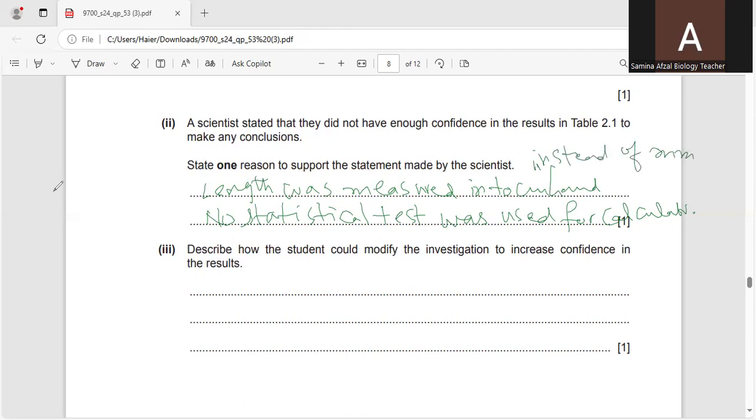So we measured in centimeter instead of millimeter, and no statistical test was used to calculate.